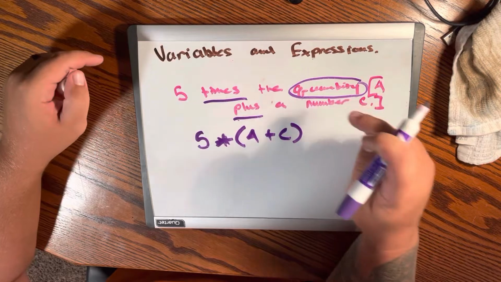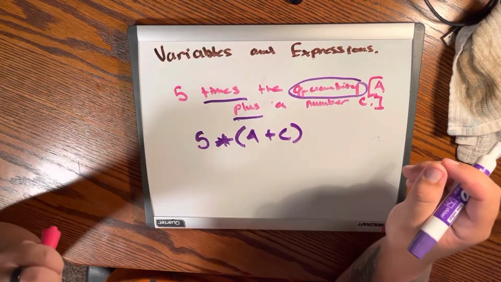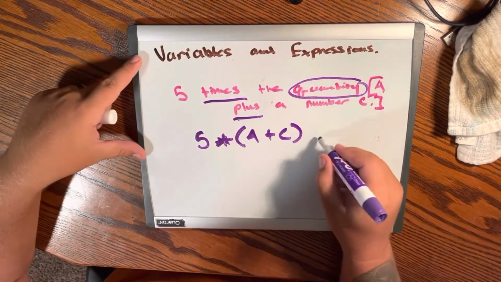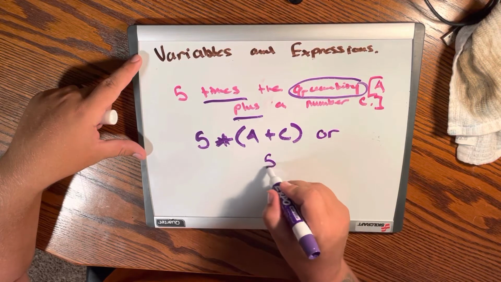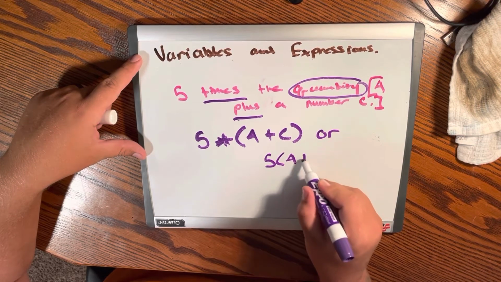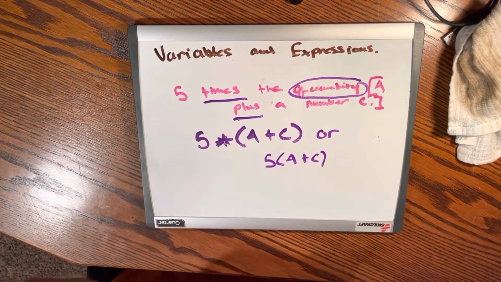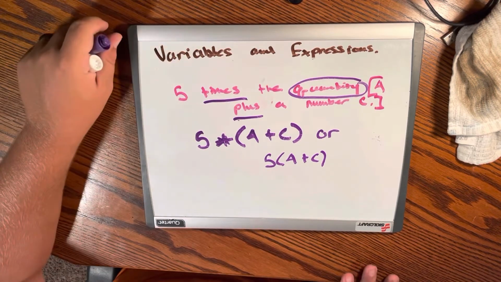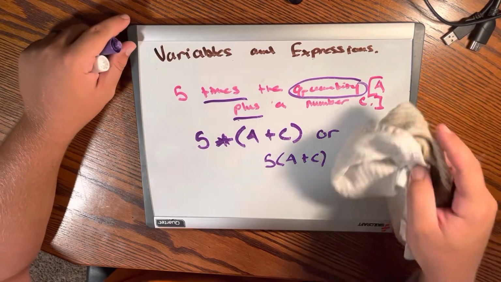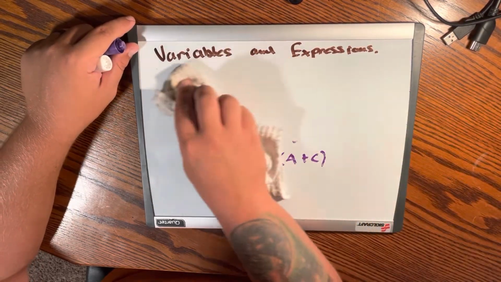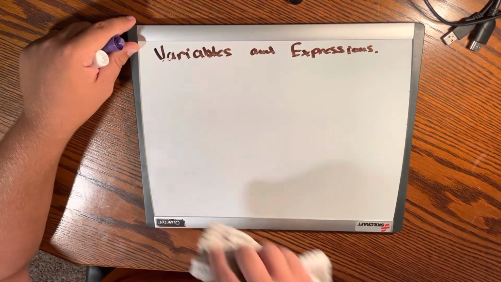Alright, so if it says the quantity, that usually means that you need to use parentheses somewhere. You can also write it as 5 parentheses 4 plus c. Alright, so those are all the word phrases that you'll probably see.